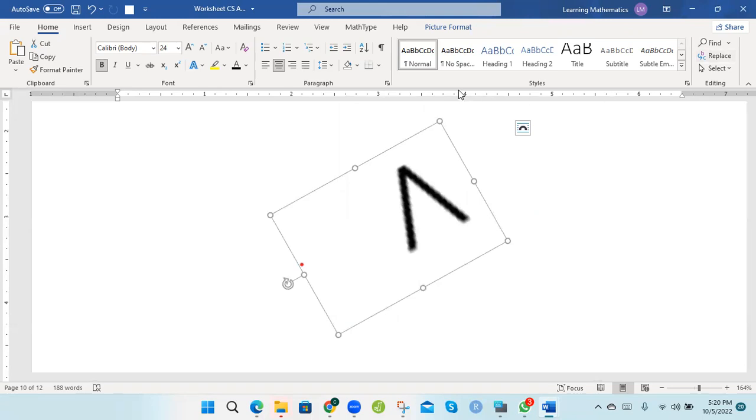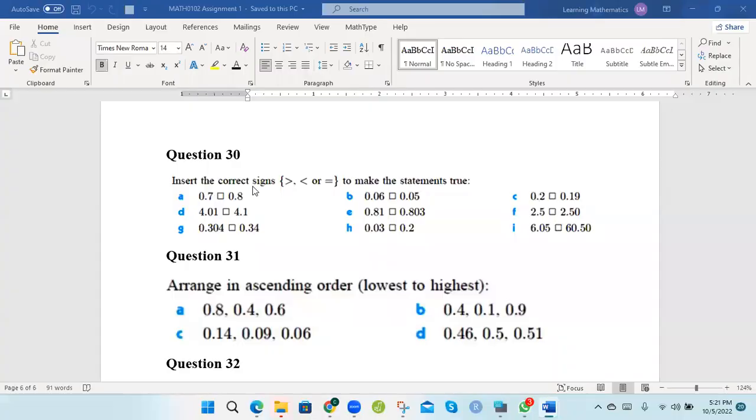The inequality sign. So here's number 30 now, and it says insert the correct signs. What signs are there? 2 inequality signs pointing opposite to each other. Don't say this is the greater than, and this is the less than.